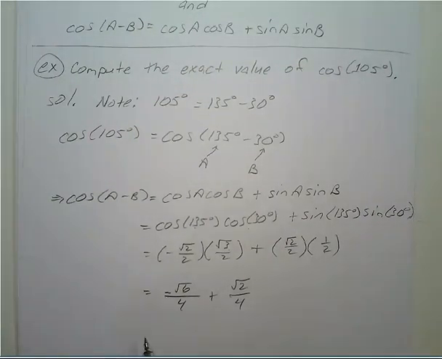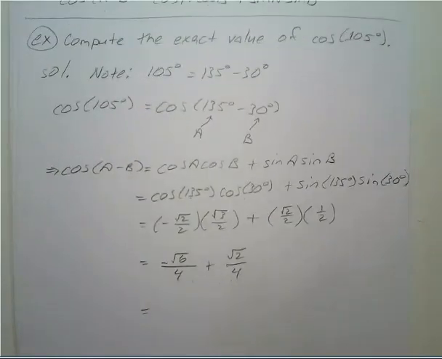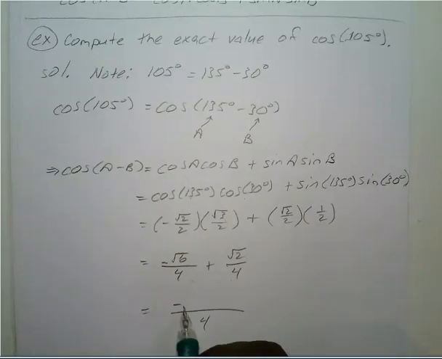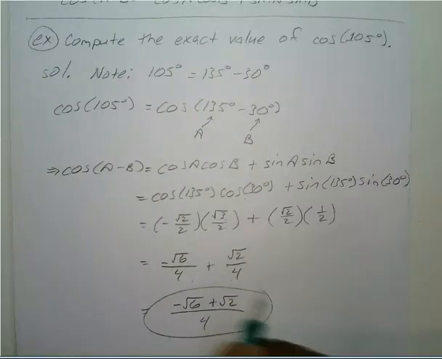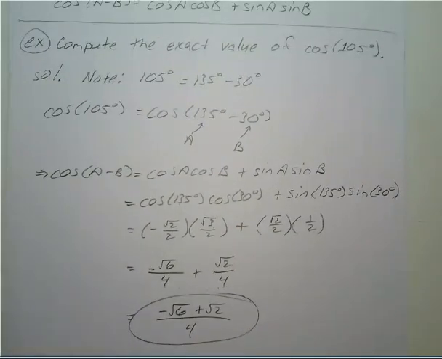Now since these have like denominators, we can combine them. Over the common denominator of 4, this is negative square root of 6 plus square root of 2 over 4. And that is our exact value of cosine of 105 degrees.